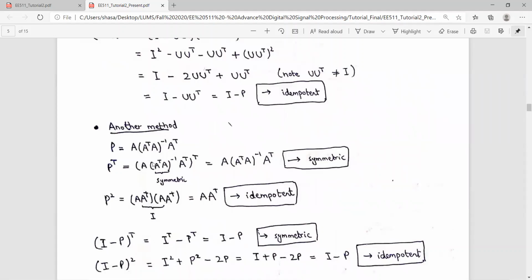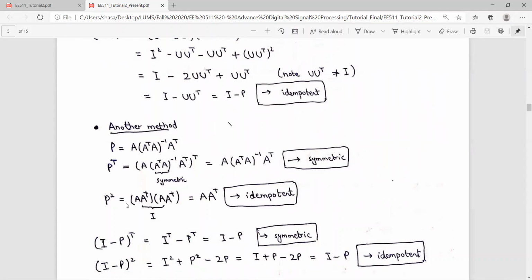When we apply transpose here, since A transpose A is a symmetric matrix, its inverse won't be affected, and we would result in P transpose is equal to P.